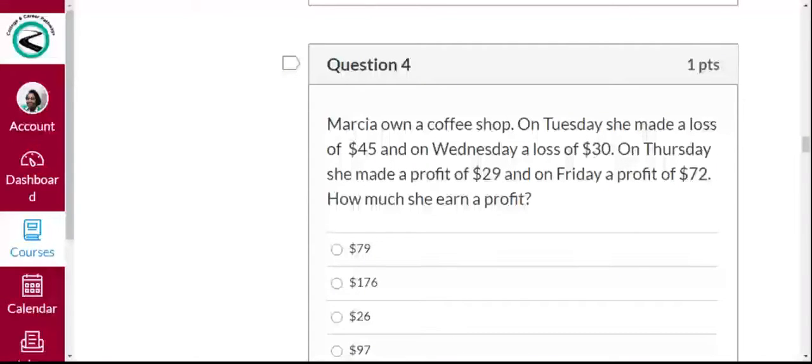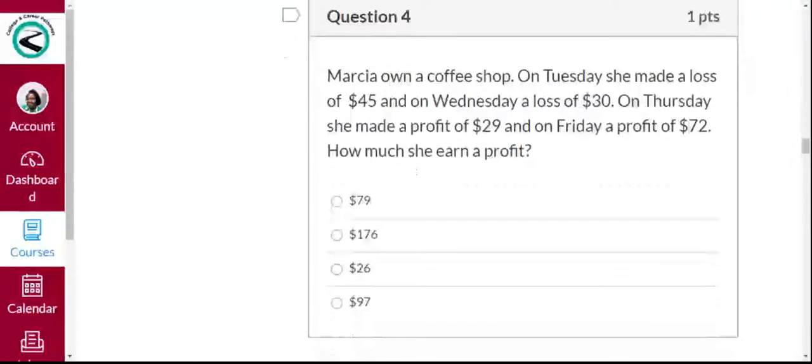And the 26 is going to be a positive 26 because she started out with a negative 75, then you have to add 29 to that, and then 72 to that. So I just added the 72 and the 29, which is 101, and then I subtracted the 75. I did the positive number total, and then the negative numbers total, and the difference is a positive 26. So I see that that is a choice there.